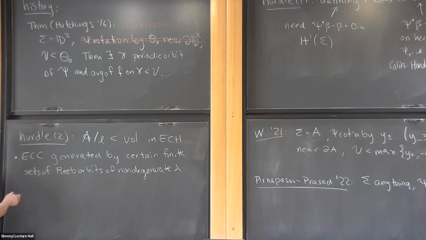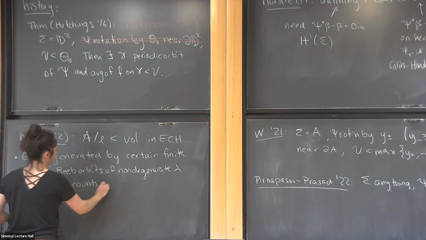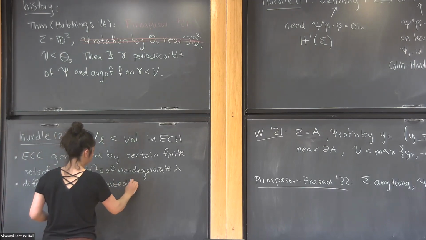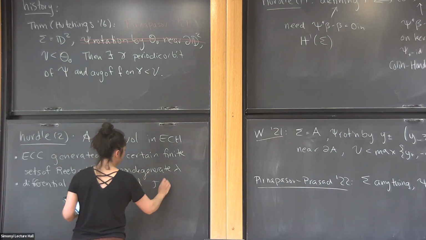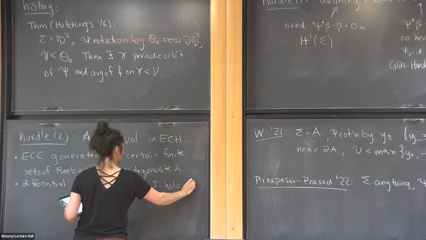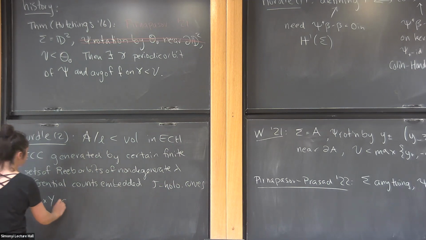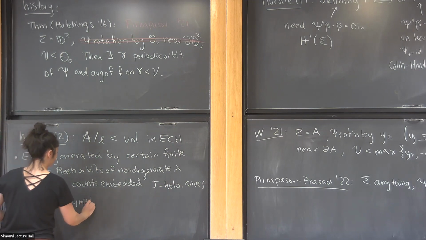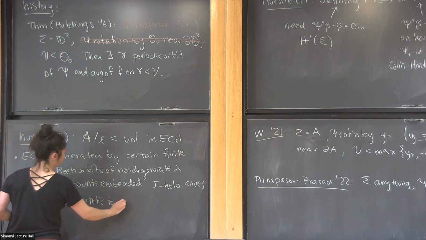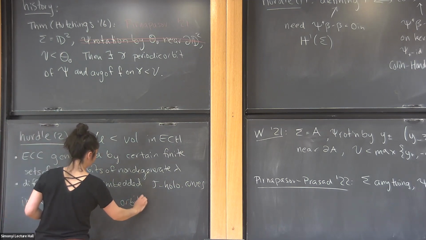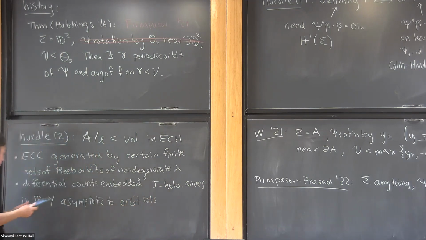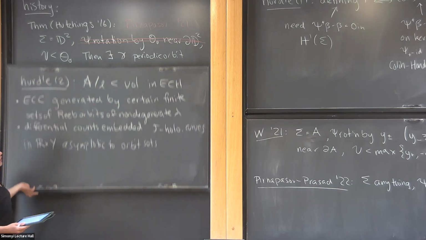And its differential counts embedded J-holomorphic curves in R cross Y that are asymptotic to your orbit sets. Okay, so that's the quickest.